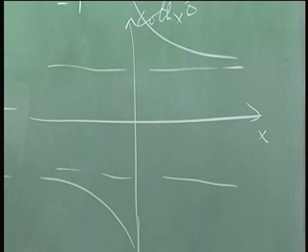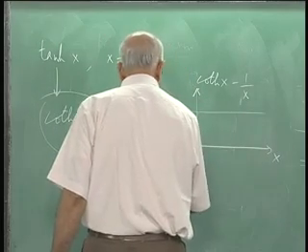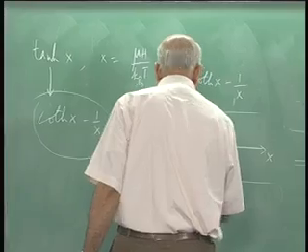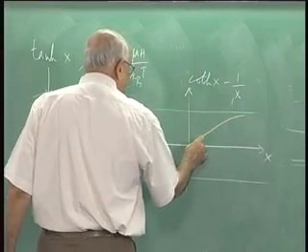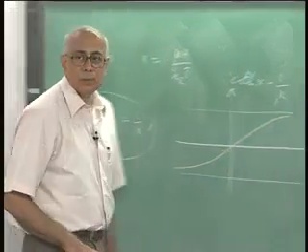So both are odd functions, and now you have to subtract the 1 over x part, and when you do that you discover that once again you have a function which behaves pretty much like this, once again.